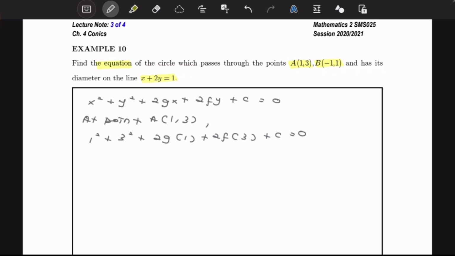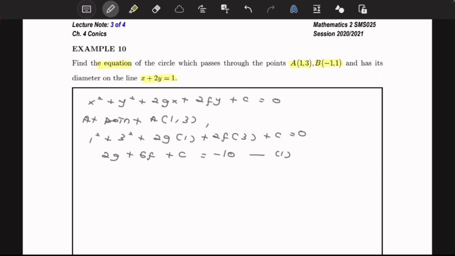So our first equation will be 2g plus 6f plus c equals to -10. So we label it as first equation.